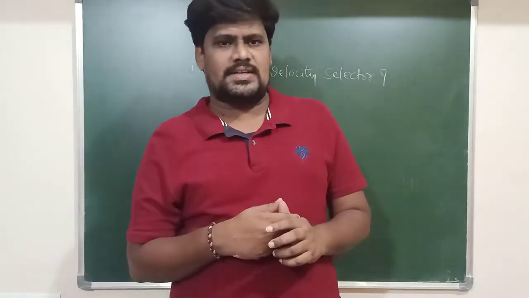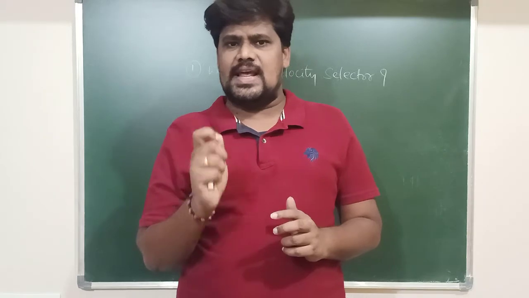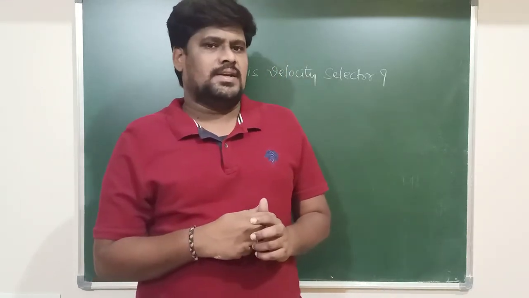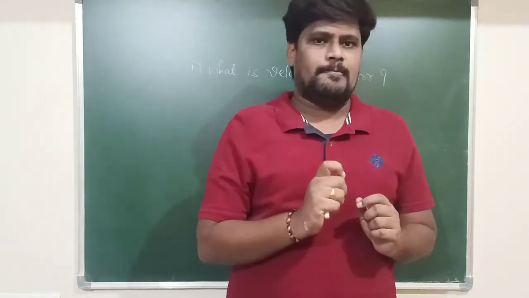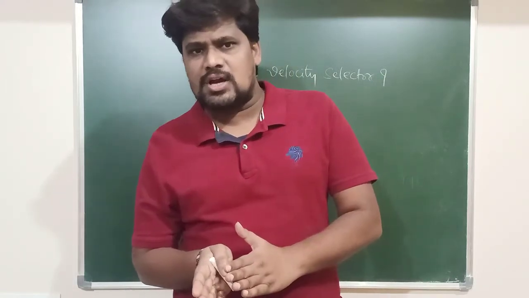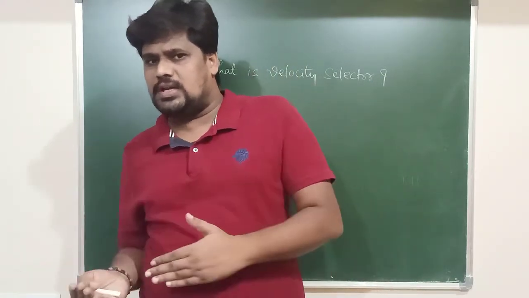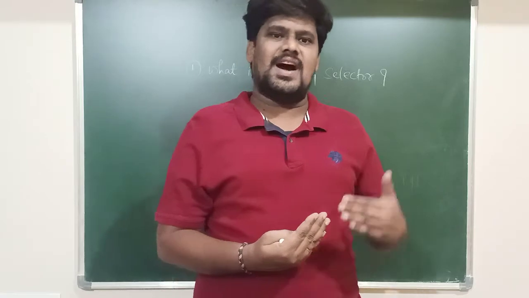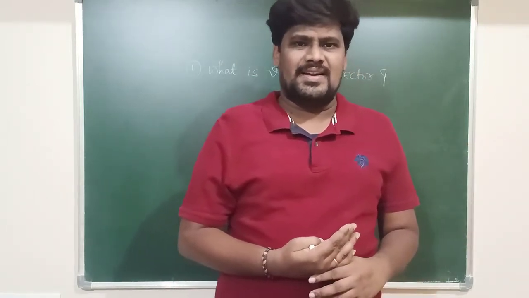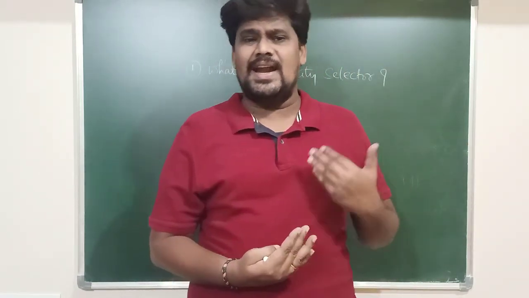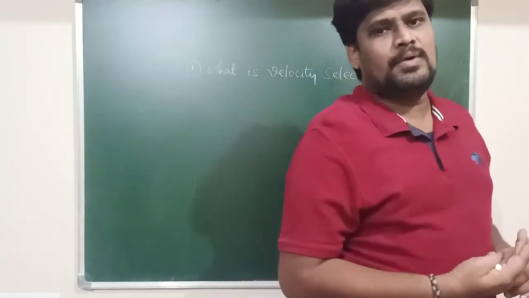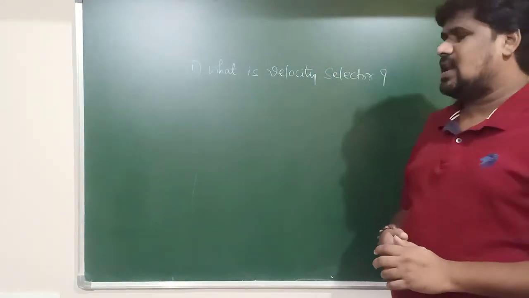What is velocity selector here? Velocity selector is a device which is used to select charged particles of particular velocity out of charged particles of different velocity. That particular technique we call a velocity selector.